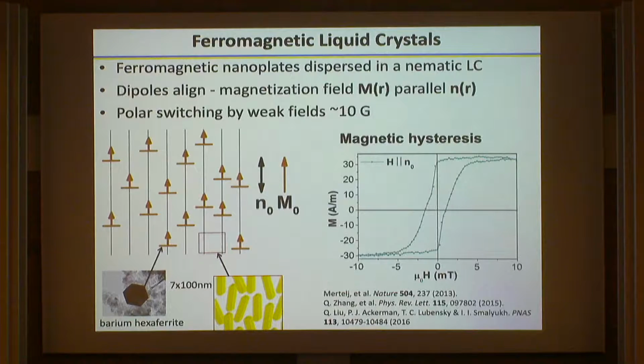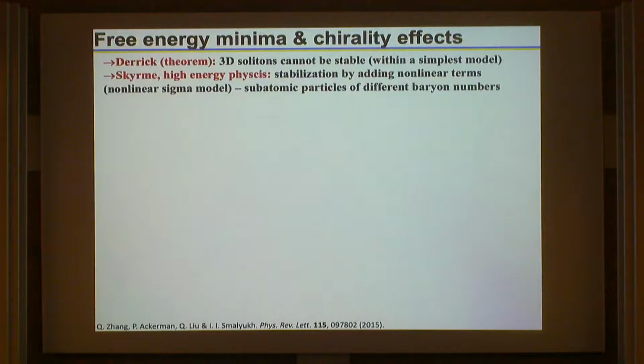And so it's very interesting that for these soft magnets, we have a lot of very similar observations to those we know for solid-state magnetic systems. So, for example, you can have magnetic hysteresis loops like the one you can see in here.